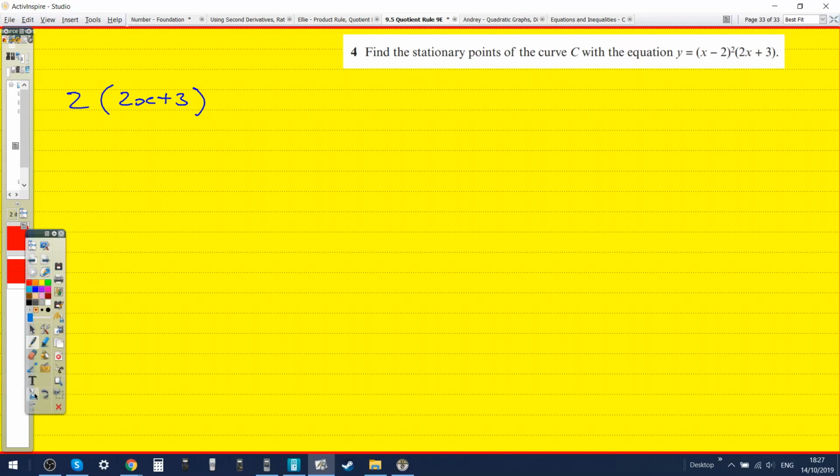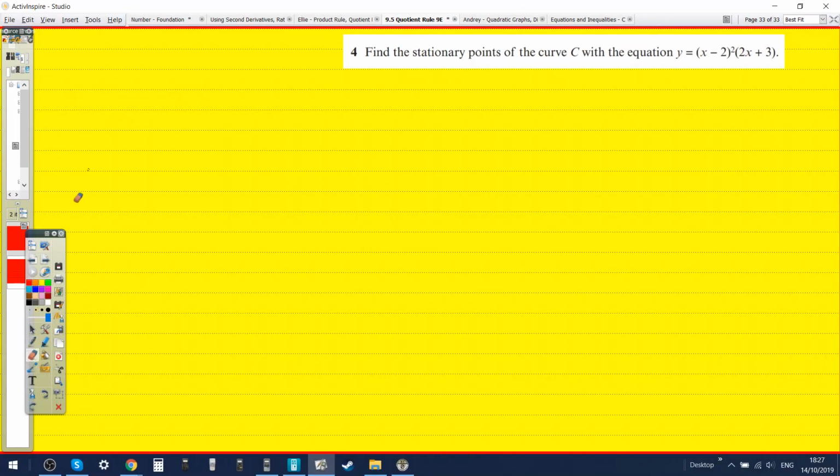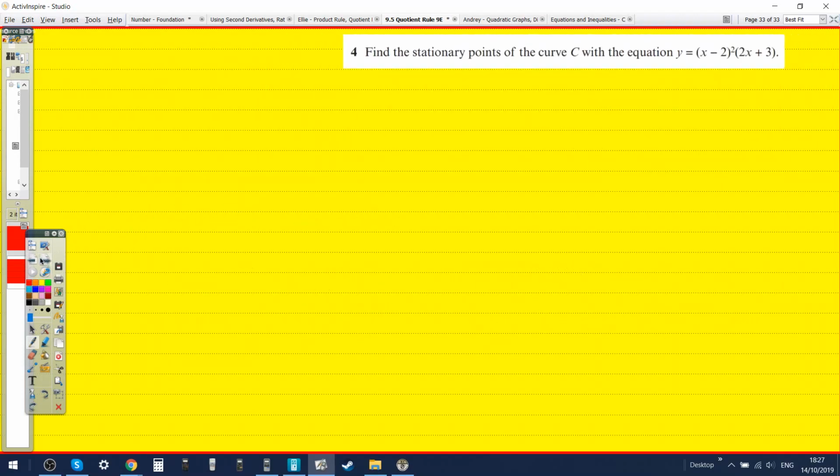So I really wouldn't mix them around. What did you do before? You did the derivative of the first times the second, and so I would just stick to that. Hold on. How did you get 2x minus 2? Oh yeah, so it's outside.